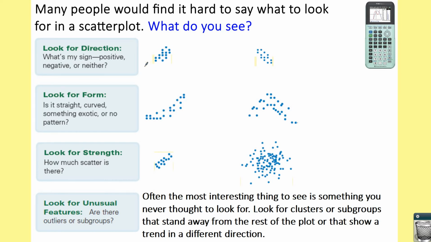Here, this is like having a positive linear slope, so this one would be positive. While this one over here, you can clearly see has a negative direction. So that's what it means to look for direction: you want to tell whether it has a positive relationship or a negative relationship.